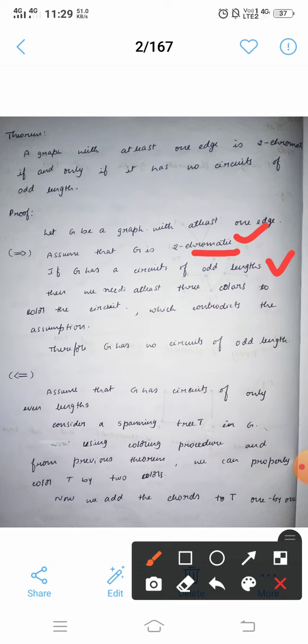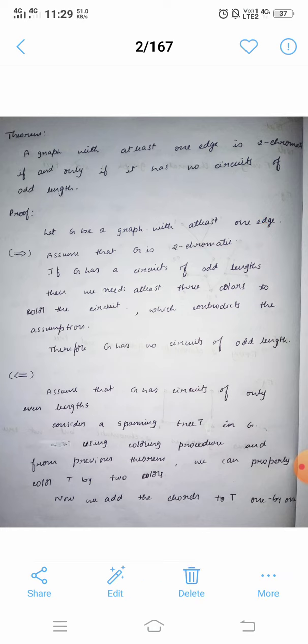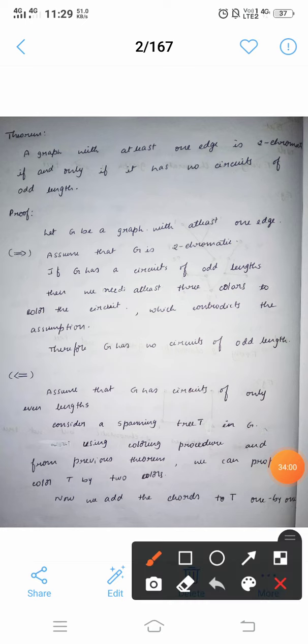So, therefore G has no circuit of odd length. Our assumption that G has a circuit of odd length is wrong. The graph G has no circuit of odd length.